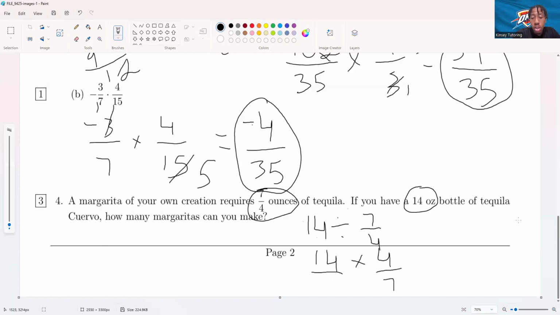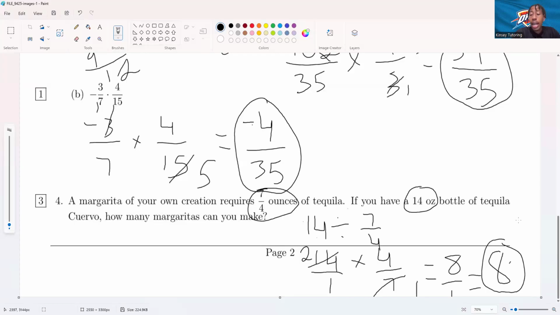So keep, change, flip over 7. And then let's just make this a 1 so we could make it even. 14 and 7 go into each other, right? 7 goes into 14 2 times, turn that into a 2. 7 goes into 7 1 time equals 8 over 1, which is 8.